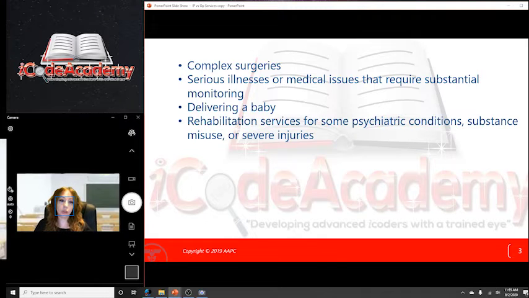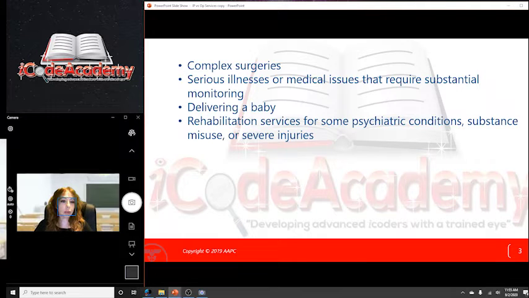Like I alluded to earlier, your inpatient settings are really going to be the type of facilities that are doing your complex surgeries, serious medical conditions that need constant monitoring, such as your ICUs, or somebody who's receiving management of maybe chronic kidney disease or those type of conditions.